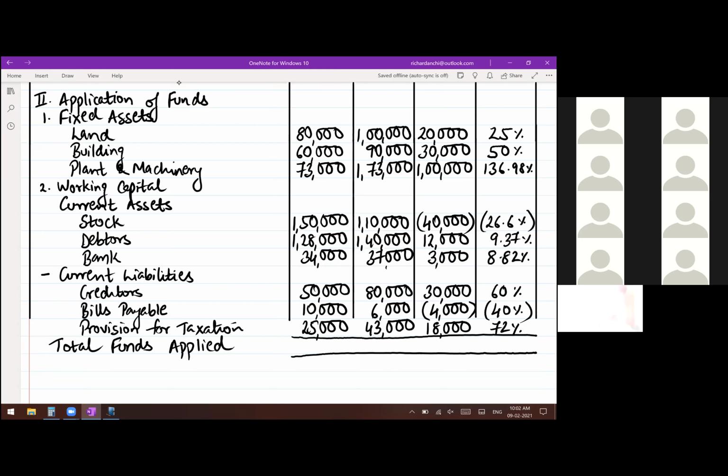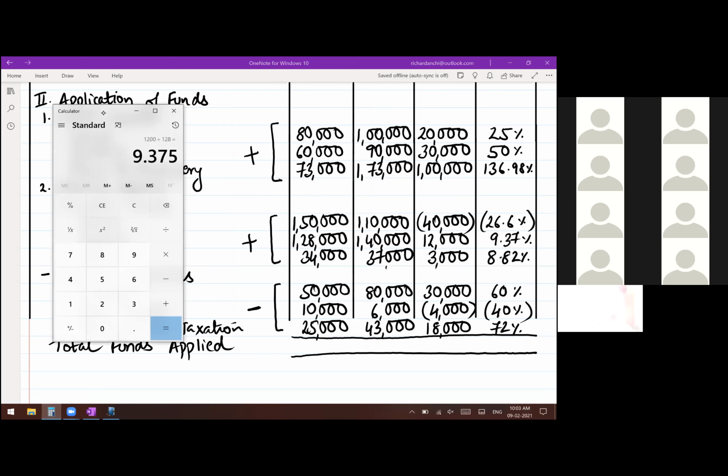Let me tell you how you are going to calculate the total here. Fixed assets, all of them you add. Current assets, all of them you add. But current liabilities, all of them you have to minus. So take your calculator. The first 6 items are all going to be plus, and the last 3 items you minus. So I will just show you how you are going to calculate.